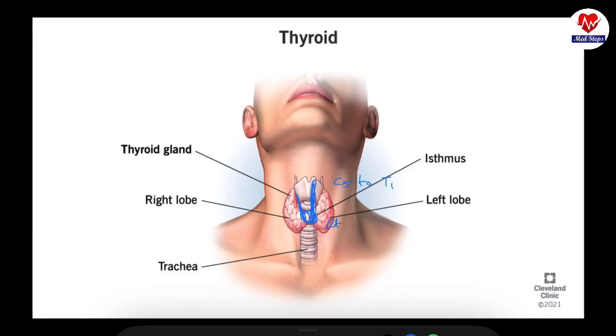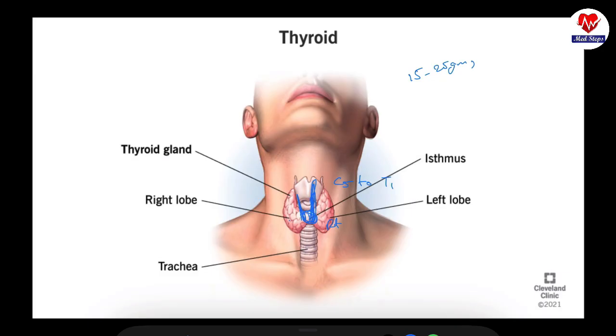The thyroid gland weighs approximately 15 to 25 grams, but don't underestimate the small gland, it controls the entire metabolism of the human body.